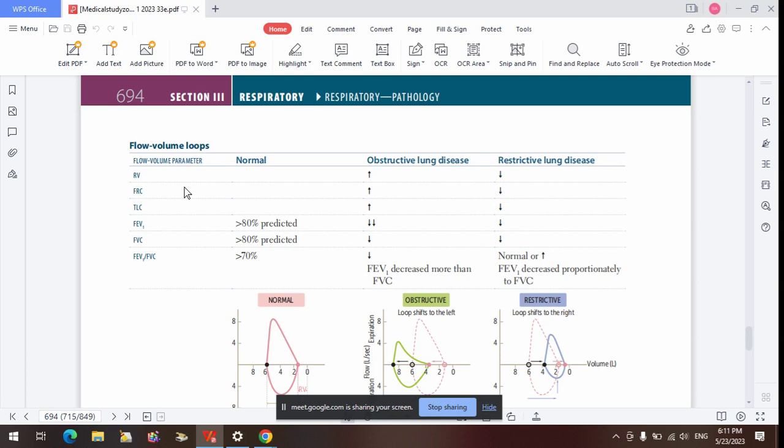And of course, the total lung capacity is reduced. That's even the starting problem. Total lung capacity reduces in restrictive disease. If they want to breathe out, we are talking about the FEV1 and the FVC now. FEV1 means the forced expiratory volume in 1 second. That is the amount of air that you can breathe out of the lungs in 1 second forcefully into a spirometer.